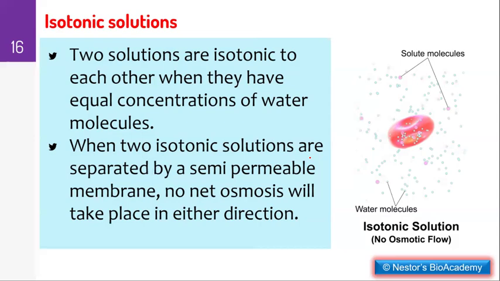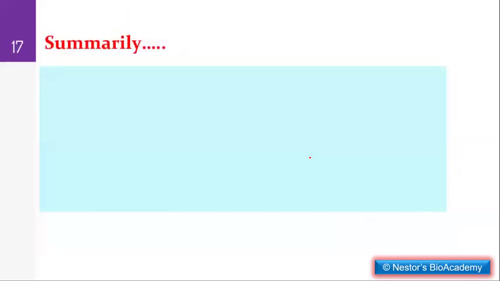So if you separate them with a semi-permeable membrane, the levels of the two solutions will just remain the same. When solutions are isotonic to each other, it means they have equal concentration of water molecules, so there'll be no net osmosis taking place in either direction.